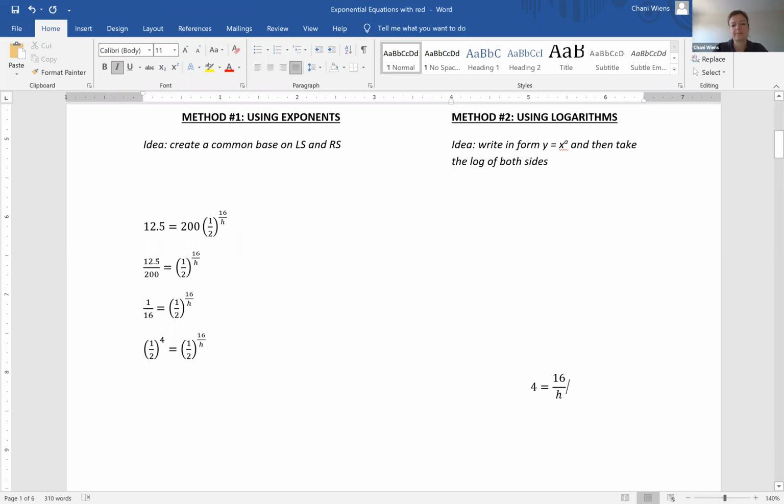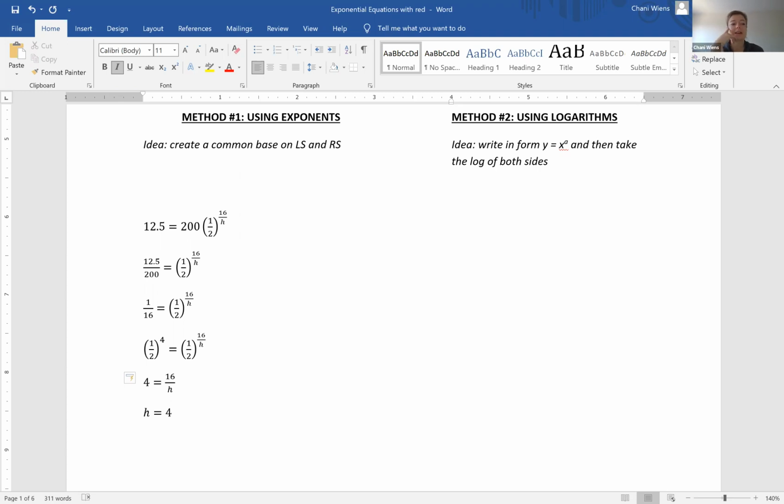Okay, h is equal to 4. All right, so we've solved that. That method works, but it really only works well if you happen to have a case like this where the answer is an integer.